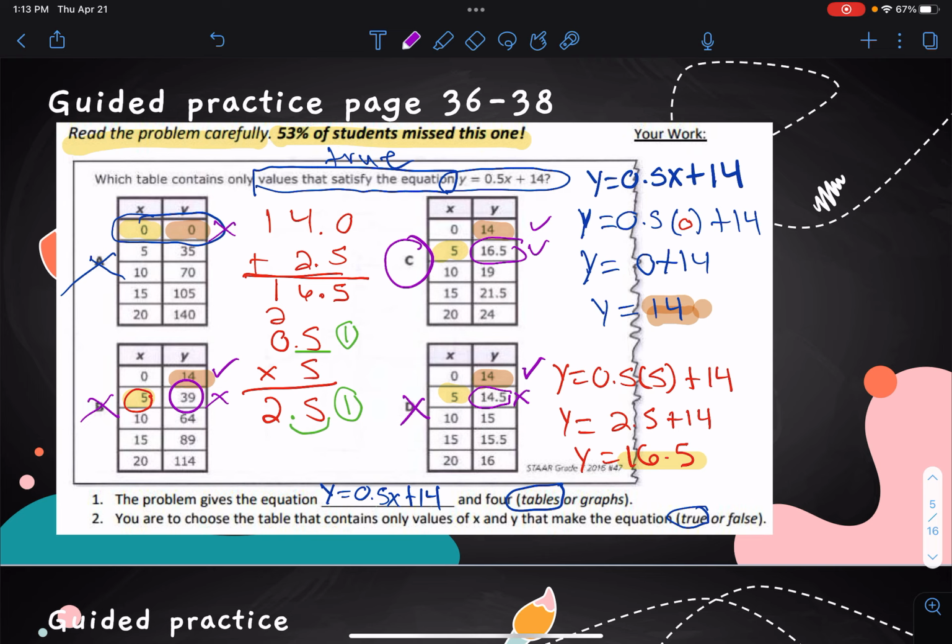Really, I could have seen that there was a different number next to 5 on each table, so I could have checked 5, and that would have easily given me my answer. But it's always better to check more than one, just to make sure you are doing it correctly, so that you don't mess up on multiplication and end up with the wrong answer. All right.